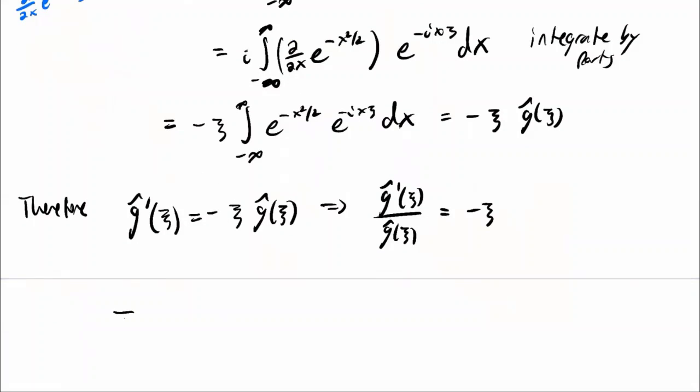And so this says that, well, if I look at the natural log of the absolute value of g hat, if I take antiderivatives here, this is equal to minus c squared over 2.